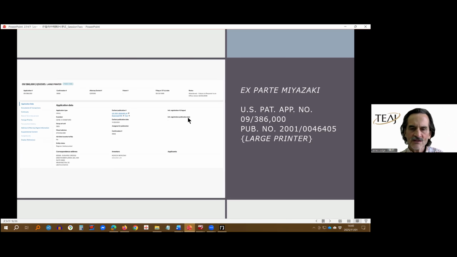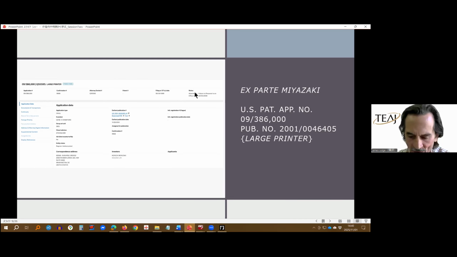But first, I thought I would show via these slides the very extended, protracted, unnecessarily long prosecution of this case. This is public information. I downloaded it from the USPTO from what's now called Patent Center.